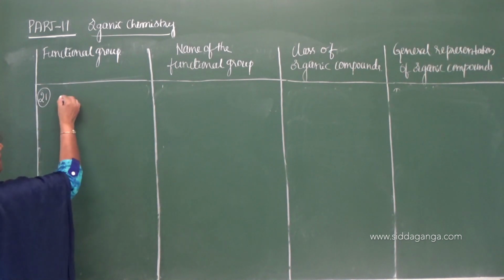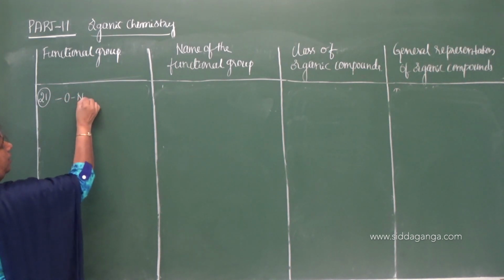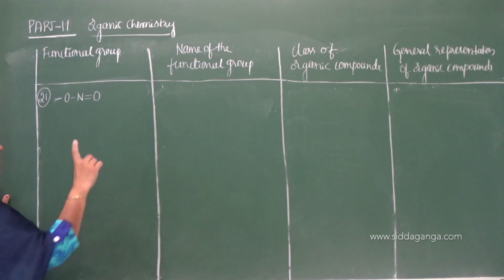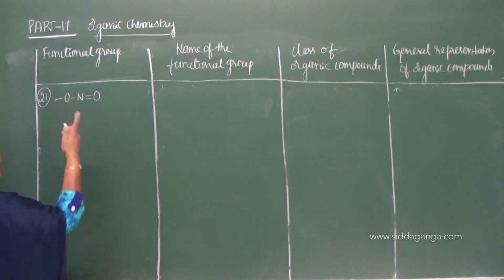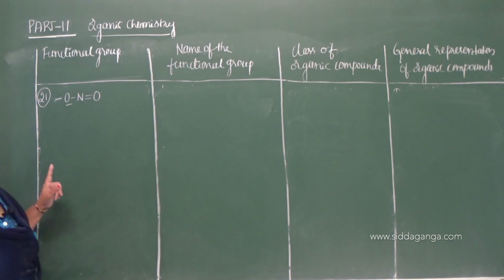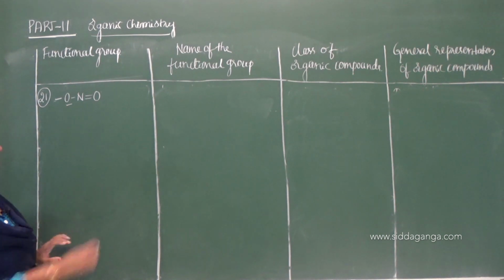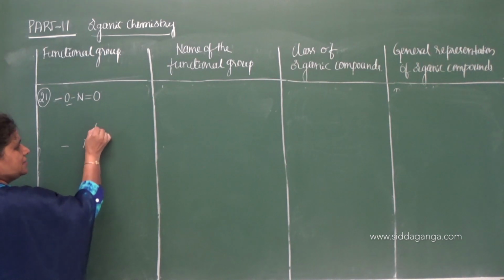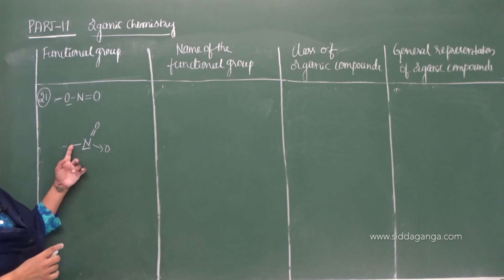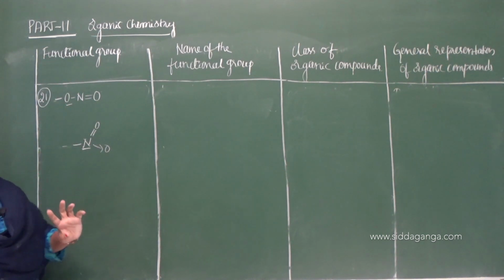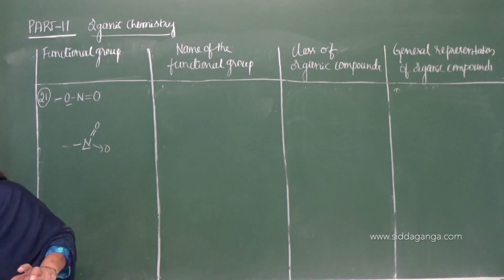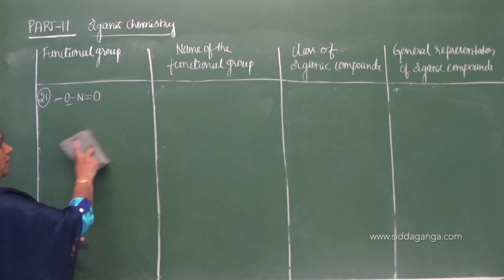That is ON double bond O. So this is the functional group. In the case of NO2, nitrogen was the key atom. In the case of this functional group, oxygen is the key atom. So remember, in the previous nitro compounds, nitrogen is the key atom, and in this group, oxygen is the key atom. That you have to remember.